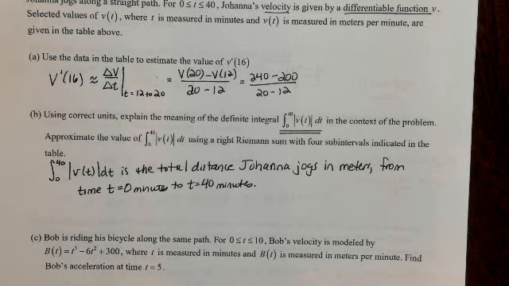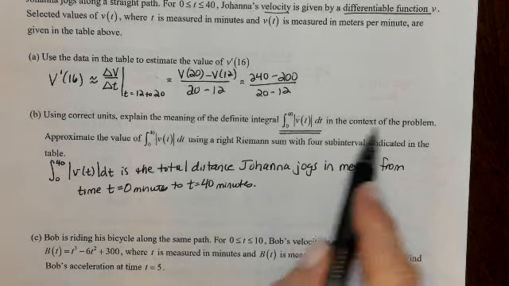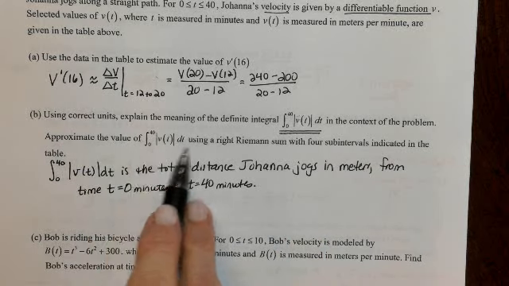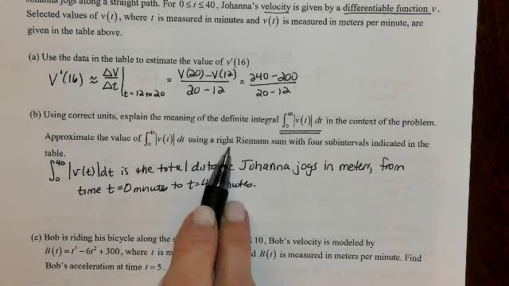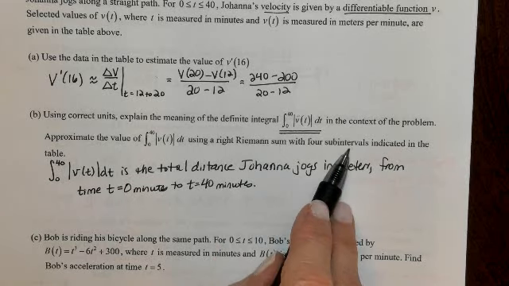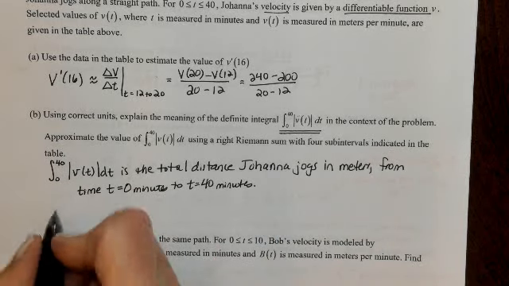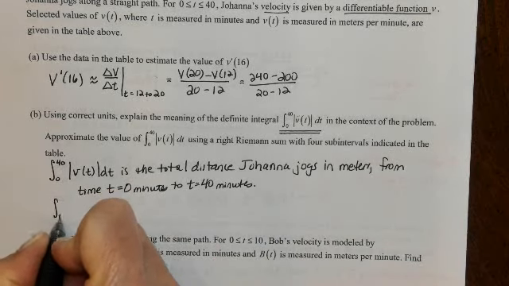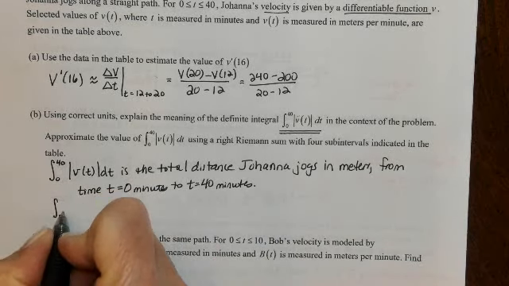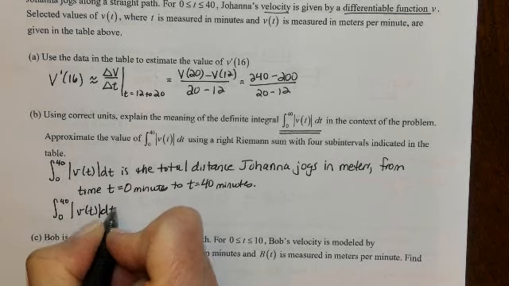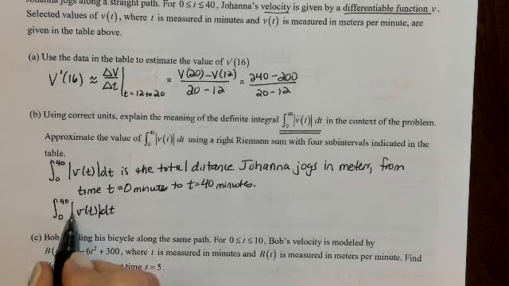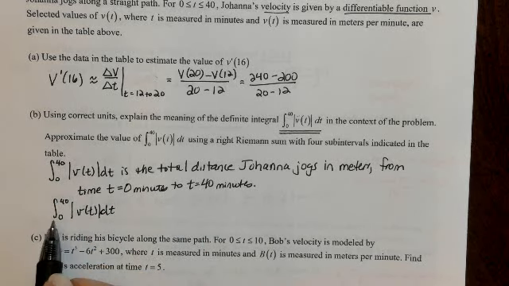Okay. And now they want us to approximate the value of this integral using a right Riemann sum with 4 subintervals indicated by the table. So here comes our right Riemann sum. We will have to be careful because we're not just finding the integral of the velocity, we're finding the integral of the magnitude of the velocity.